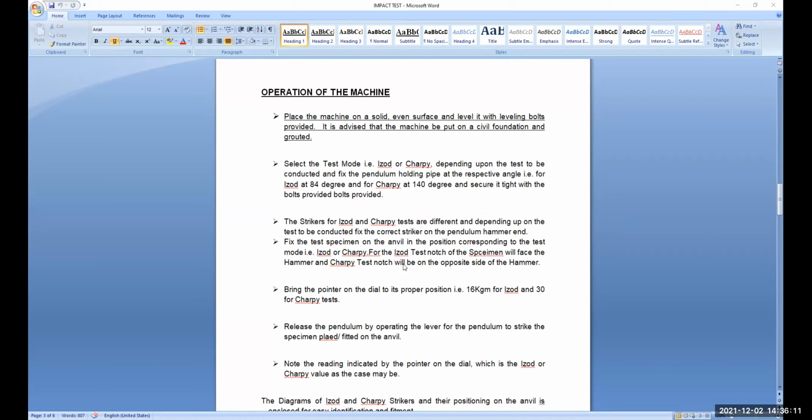The position over the anvil is also different. For Izod, the test piece is to be erected vertically, and the notch is placed close to the face of the vice of the machine.